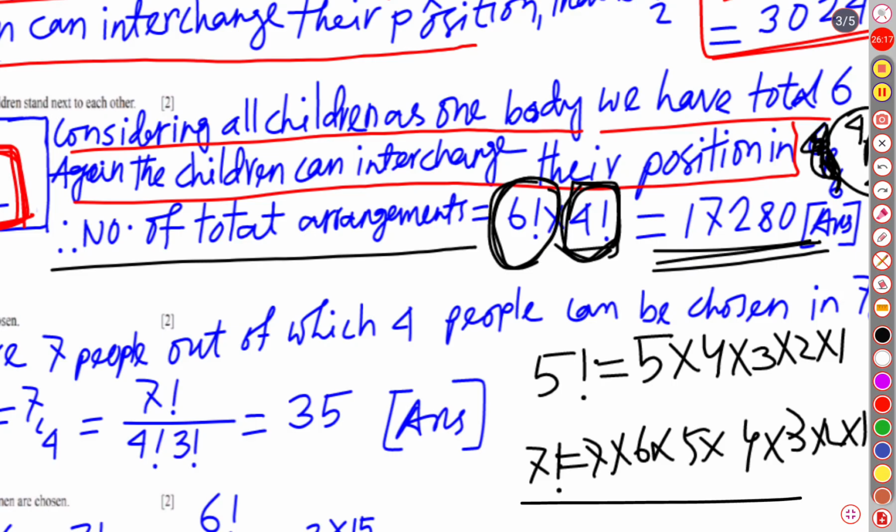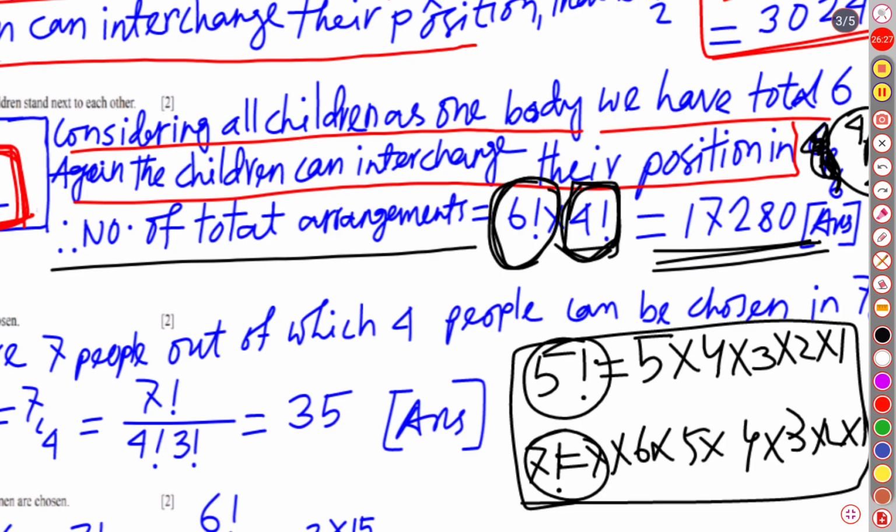That means all the numbers less than the number will be multiplied sequentially, which is called factorial. But we are utilizing our calculator to find the results. Let's see the next question.